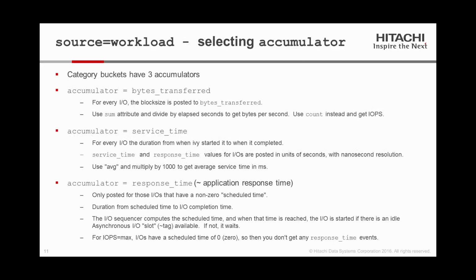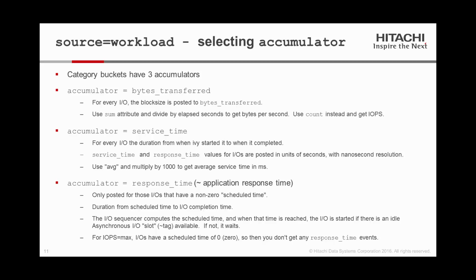At the fine-grained level, the individual buckets within the array of buckets that goes through the roll-up engine are actually a set of 3. There's one for bytes transferred, and when an I/O completes, we always post the number of bytes that were transferred into the bytes transferred accumulator.